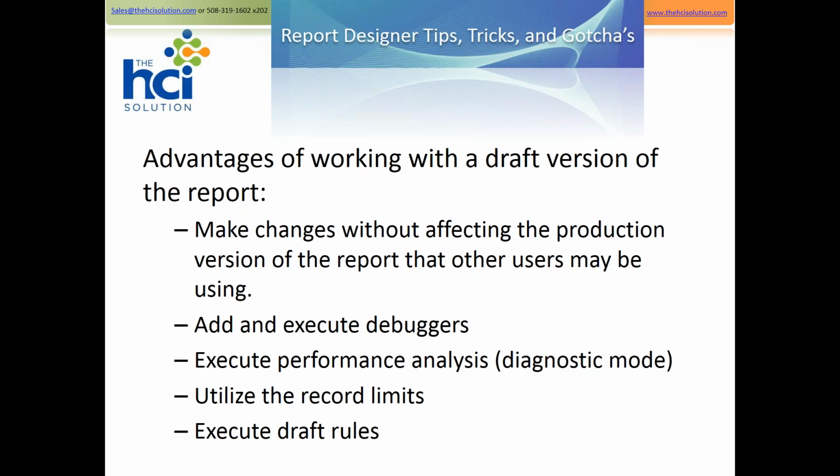Instead of waiting for thousands of records to compile, you can just list off the first 10 records and see how they look without waiting a long time. Having the report in draft mode also allows you to execute draft rules. So you can make code changes in draft rules that will not affect final versions of the rules that are being used in your final version of the report or other reports.